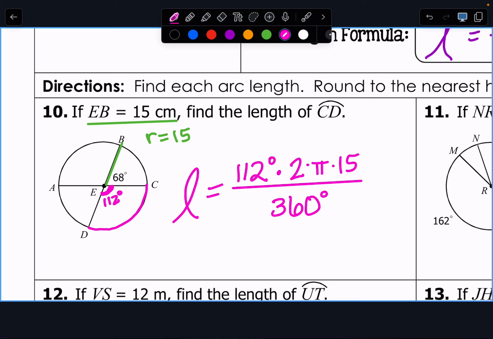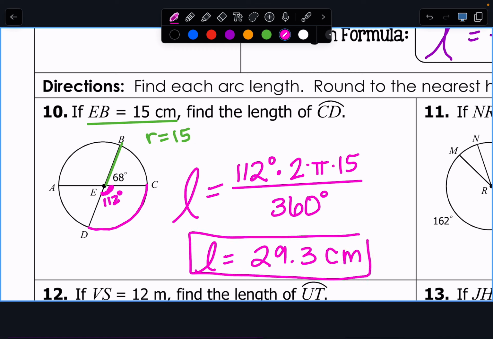The length of CD. I'm getting 29.3, and it's a piece of the circumference, so it's just centimeters. It makes no sense?